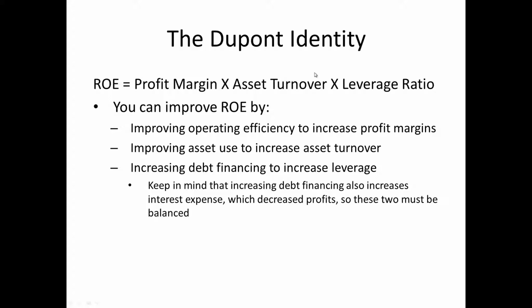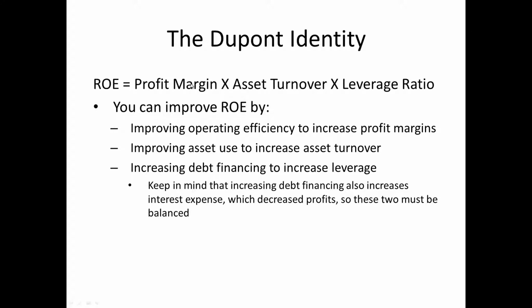When you break it out that way, it speaks very specifically to both why your ROE is what it is and where you as a manager can improve. So for example, if you look at your ROE and asset turnover and leverage ratio are pretty much like they were last period, but profit margin has changed, it's down, then you can say, if I do things to improve my profit margin, I'll get my ROE back in line.